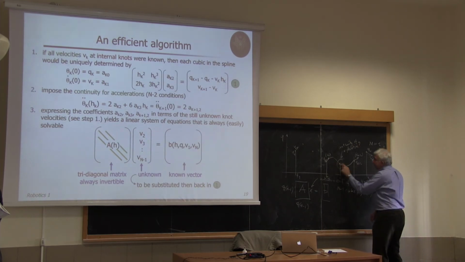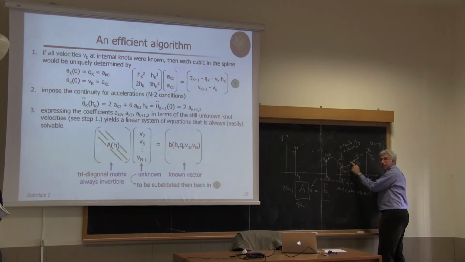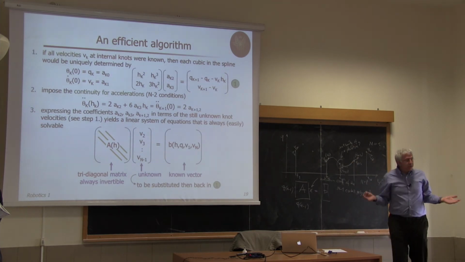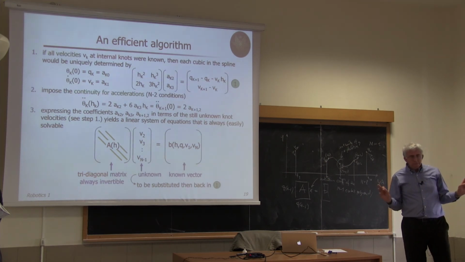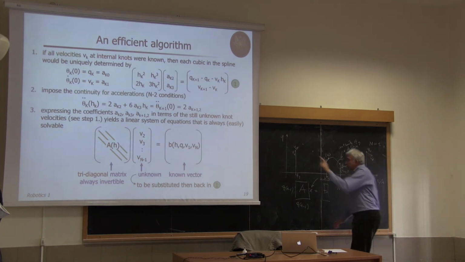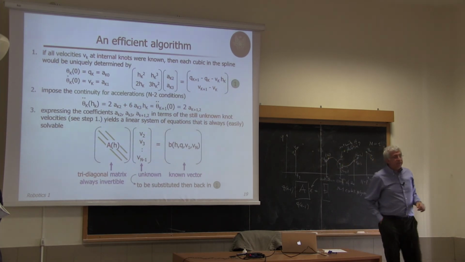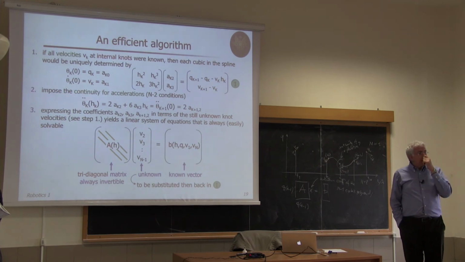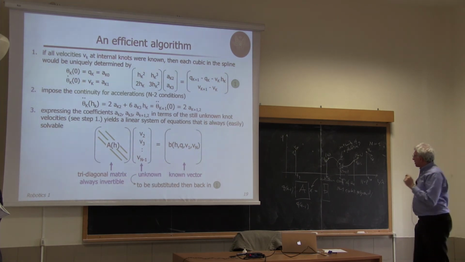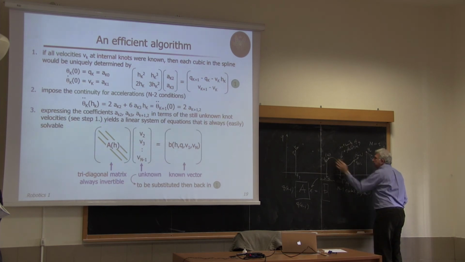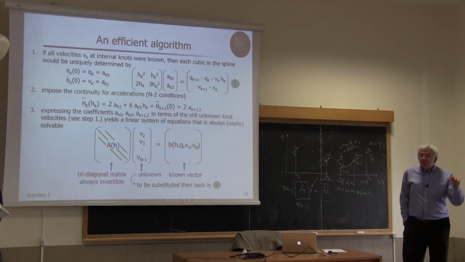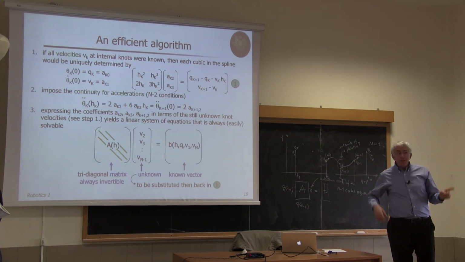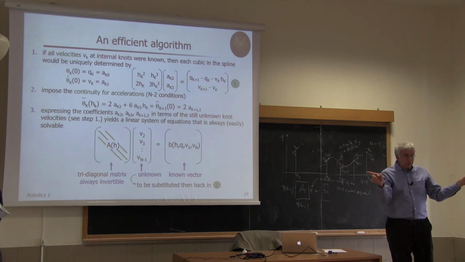Even if this velocity is the same for left and for the right, there may be a jump in acceleration because there's no condition imposed on that. Okay? So these 2 arguments are used for setting up a very efficient algorithm, which says to denote the unknown velocities at the knots, not generic ones, as exactly those velocities that will also guarantee continuity of acceleration.